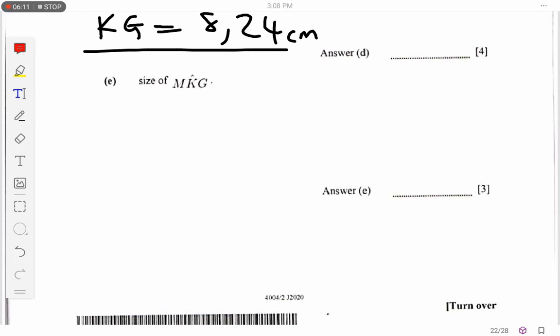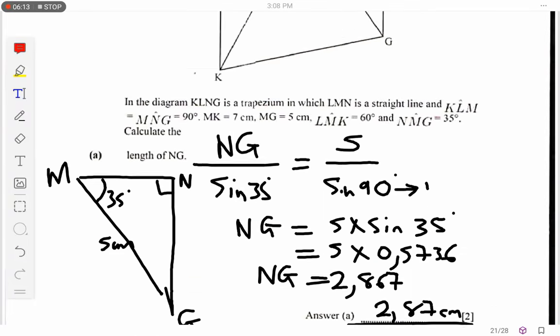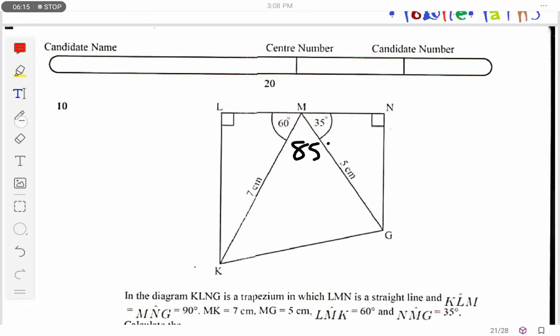The size of MKG. Let's go, MKG. M, K, and the G there. Okay, that side there. So to get this side MKG, I want the angle there.